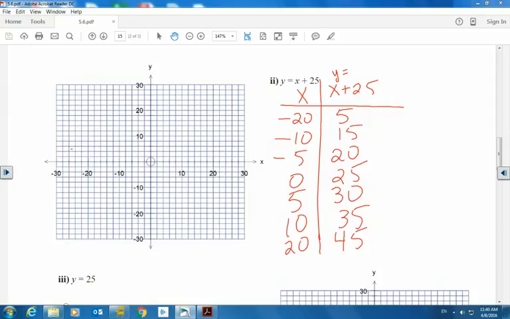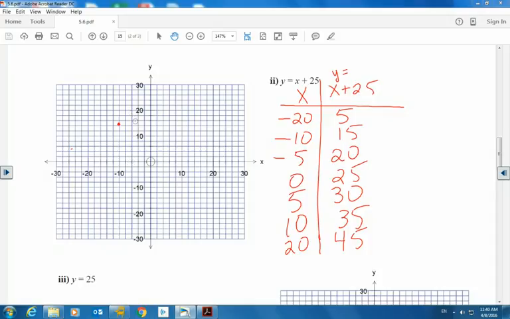Okay, so now negative 10, and I get y equals 15. So negative 10 is here, and then up 15 is right around here. It's hard to see my scale. And then negative 5 is here, and then I go up to 20.